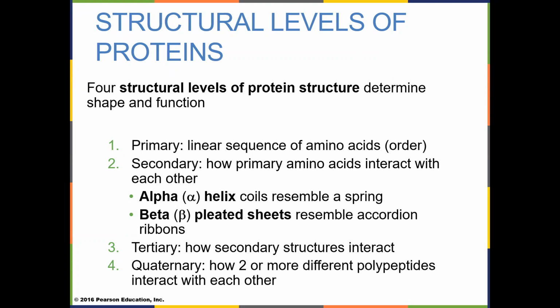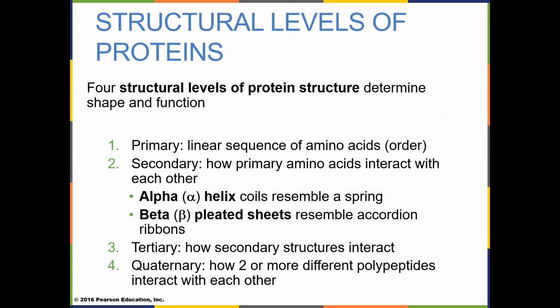So we go to the secondary shape, secondary structure. We start seeing the protein bending and twisting. We have what's known as the alpha helix and the beta pleated sheet. The alpha helix coils up, looks sort of like a DNA strand, like a double helix. It looks like a spring.